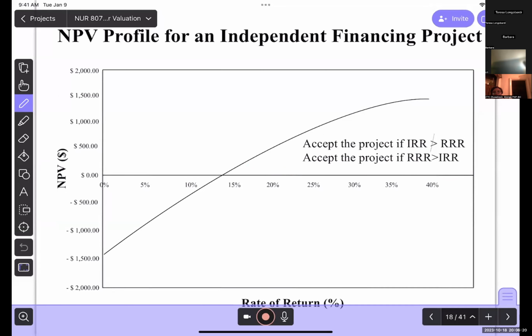So what happened? Because the cash flows were inverted, the IRR interpretation will be inverted. We're going to treat this IRR as the rate of financing, as opposed to the internal rate of return. And we want it to be low.